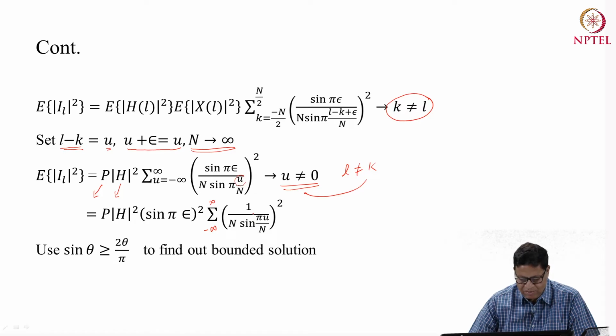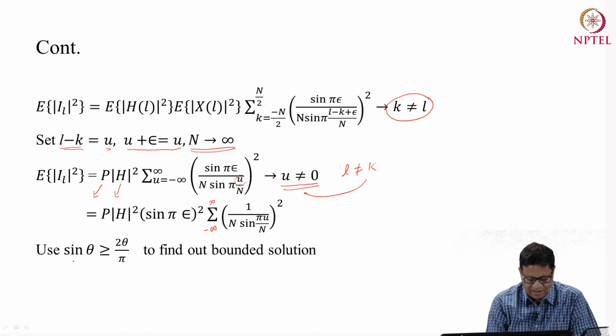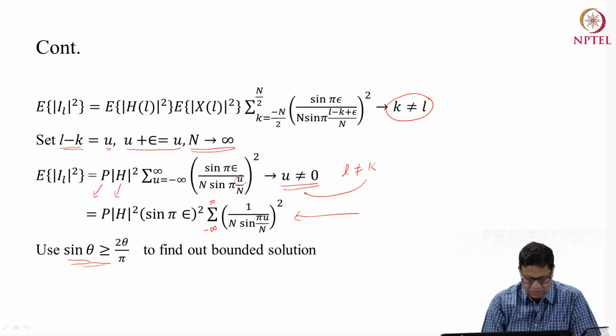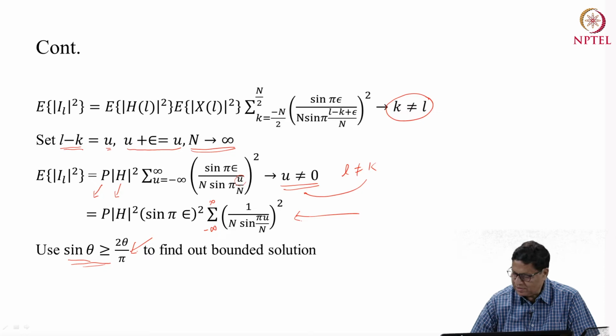Now let us try to find a bounded solution to this problem. We know that sin θ is always greater than 2θ/π. I'm just trying to find a bounded solution for this interference equation. So assuming sin θ is equal to 2θ/π, I replace sin(πu/N) using this expression.